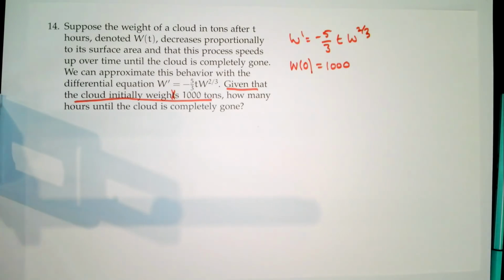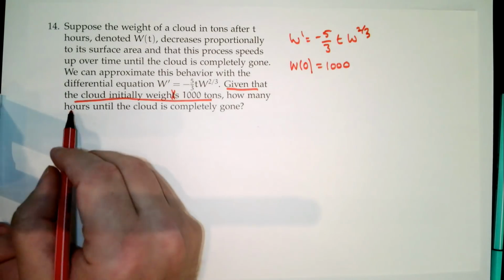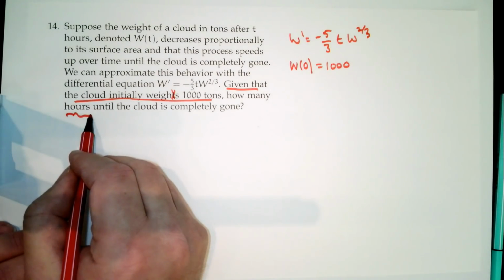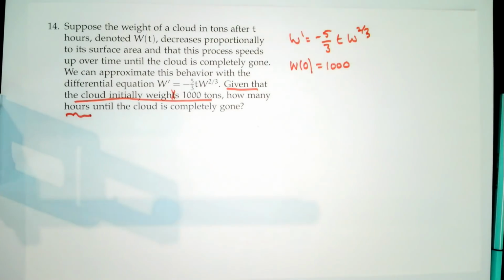What kind of thing is my answer? Is my answer going to be a function? No, it's not a function, because it's not asking for a function. It's asking for how many hours. So the answer should be a number. So we're looking for a number.